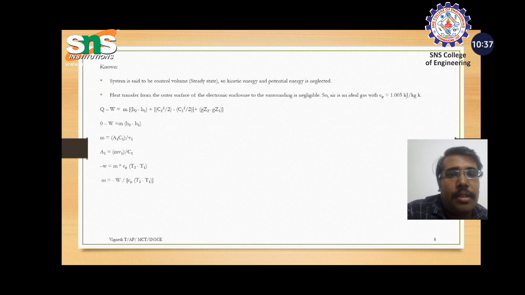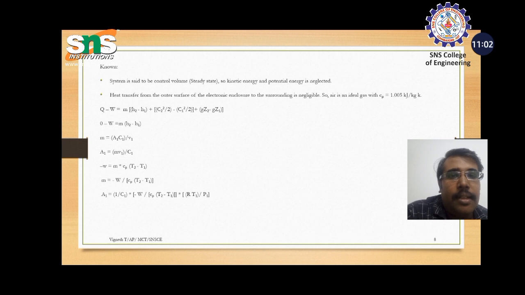Here W is equal to M into Cp into T2 minus T1, and M is equal to minus W divided by Cp into T2 minus T1.